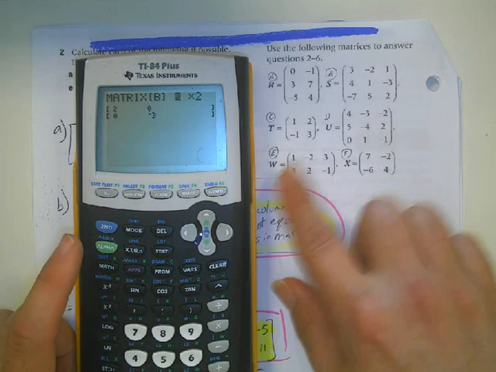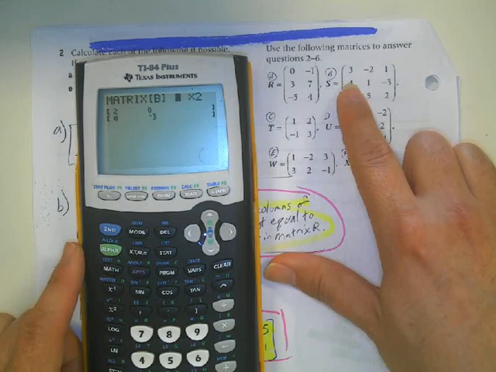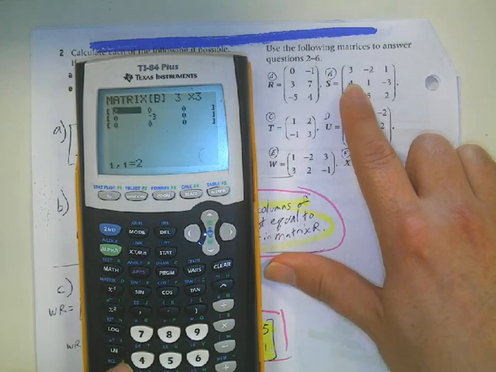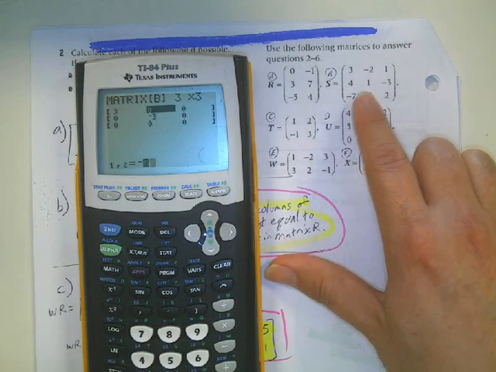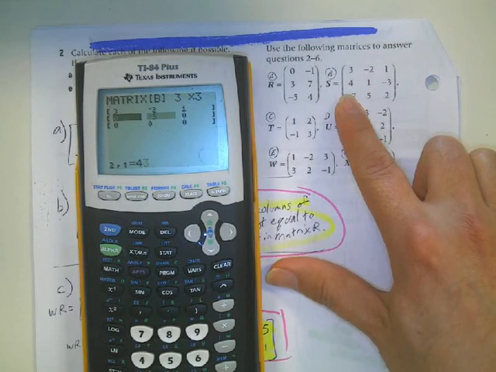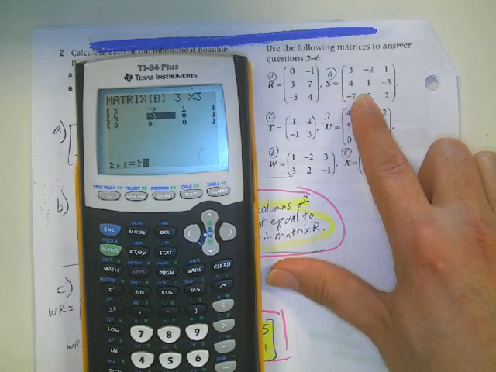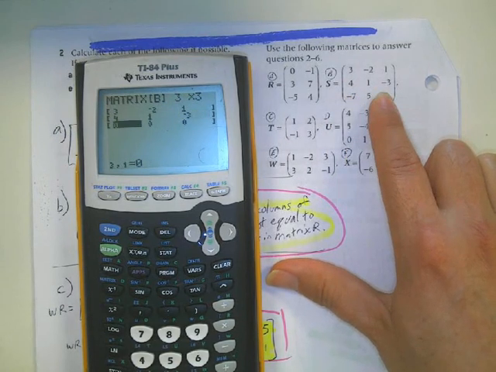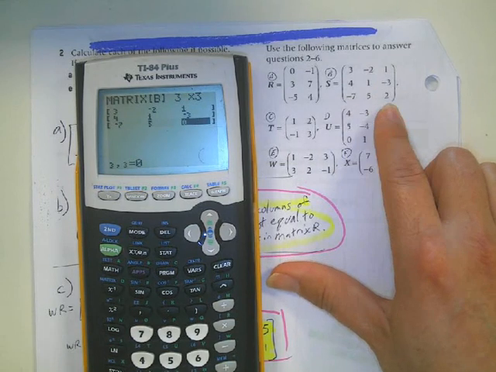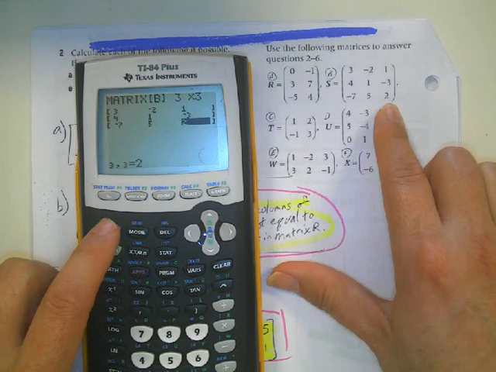So matrix B, this is a 3 by 3, and 3, -2, 1, 4, 1, -3, -7, 5, 2. Second mode to quit.